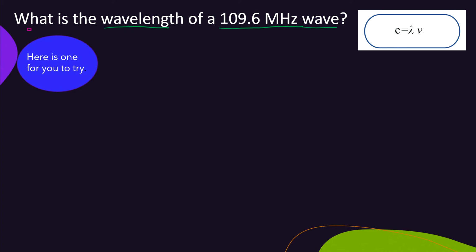So here I go. And we're looking for wavelength. So our wavelength is equal to c divided by our v. And our c we know is 3.00 times 10 to the 8 meters per second. And I have to make sure that my unit is hertz.